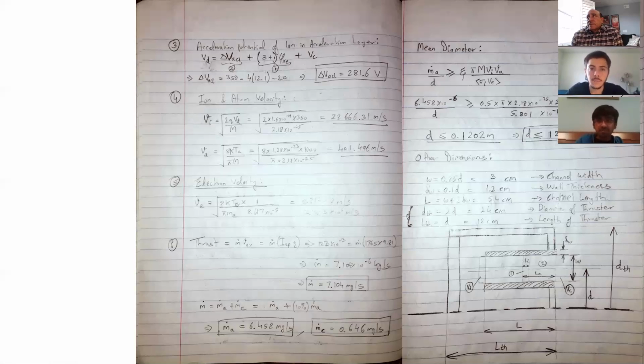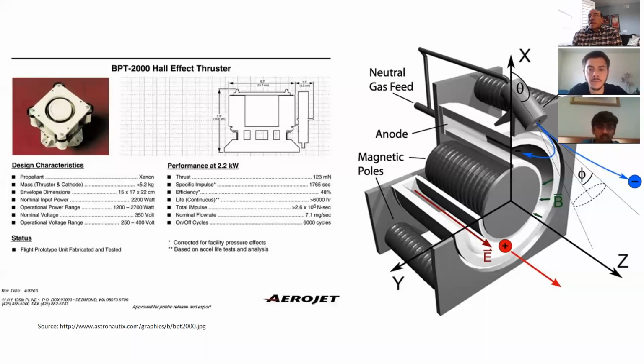So point number 2 is this thrust, what you can find right here, the 7.104 milligram per second that we derived specifically for this thruster. It is actually right, because the nominal flow rate that they give is about 7.1.